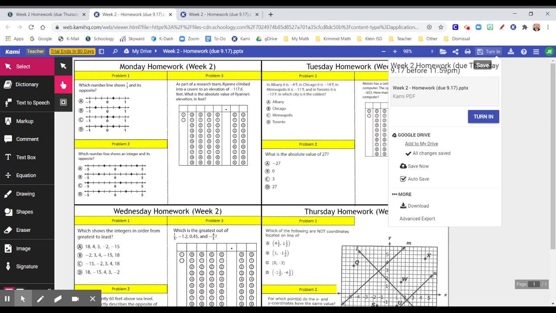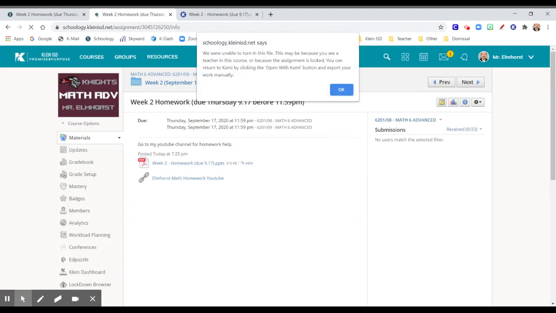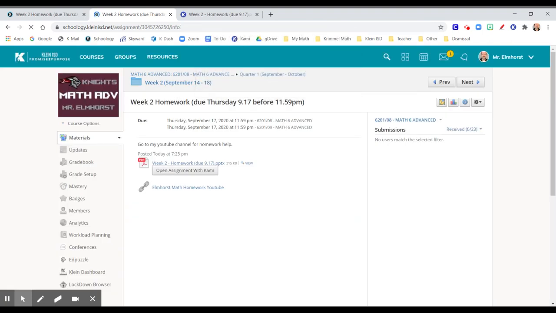You can click on turn in, and then turn in the assignment up here on the right. Use your Google Drive if it asks you for it, and then it should show up over here on the right hand side that you've turned it in.